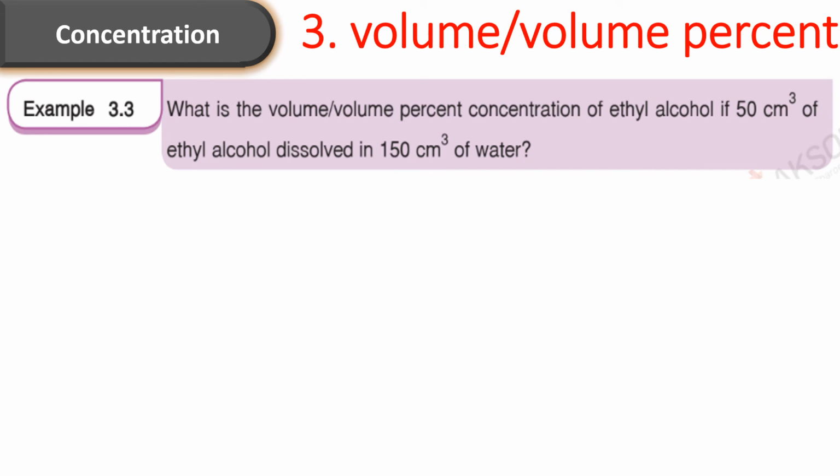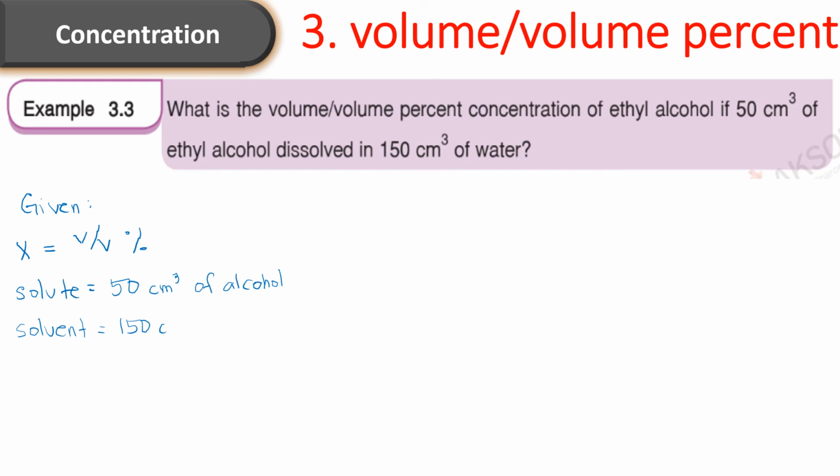So let's have our given. We are looking for the value of your volume over volume percent concentration, so let me label that one x. And then let's try to identify what is our solute. Our solute there is 50 cubic centimeter of alcohol, and our solvent there is our 150 cubic centimeter of water.